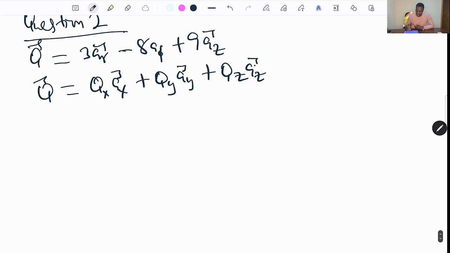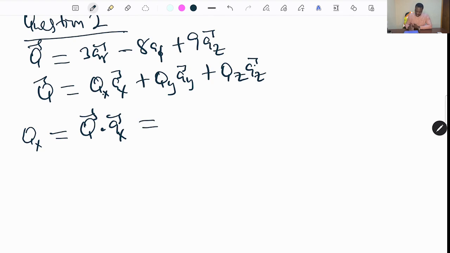Now let's get the components. Getting Q_x simply means taking the vector Q, expressed in cylindrical coordinates, dotted with the unit vector along the x-axis.